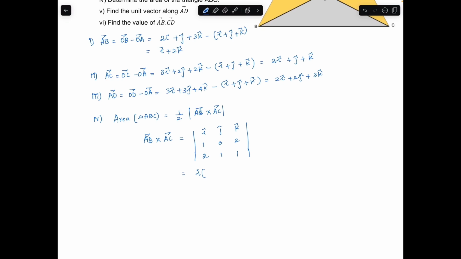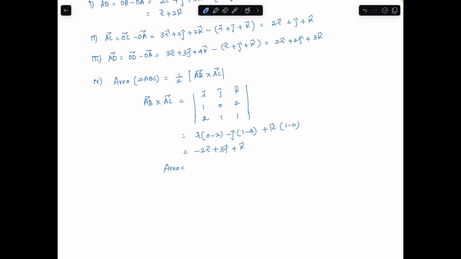i times (0 minus 2) minus j times (1 minus 4) plus k times (1 minus 0) is equal to minus 2i plus 3j plus k.